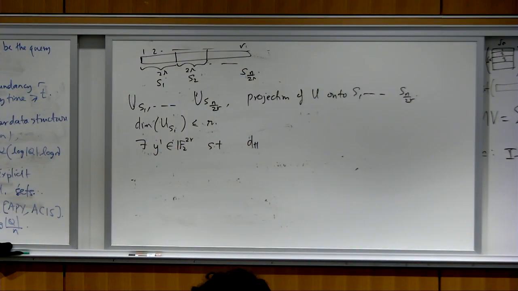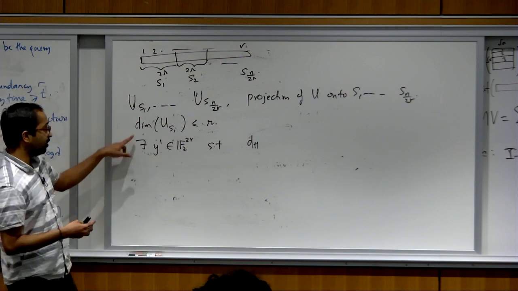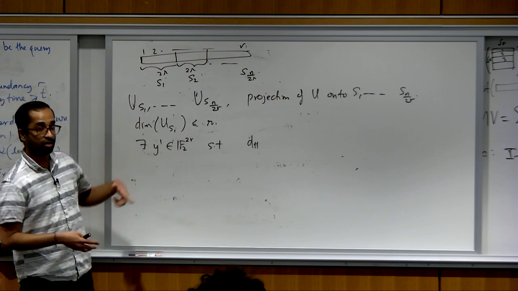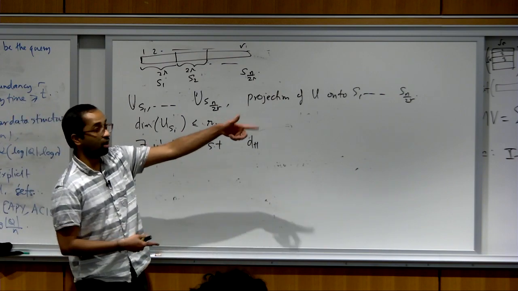So you look at all possible values that you take in the first 2r coordinates, and take the span. For the second one, you look at the second 2r of them, and take the span. You just keep doing it, and it will also have dimension at most r, because if one of the projections had dimension more than r, then u would have dimension more than r.